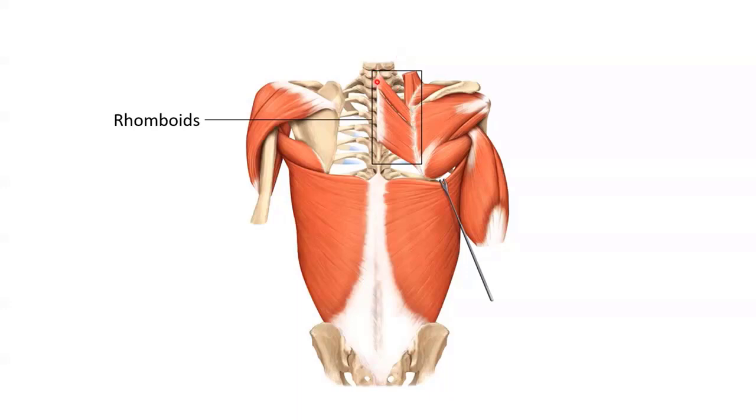Now, these muscles originate from the spinous processes of the last cervical and the first 5 thoracic vertebrae, and they insert onto the vertebral or the medial border of the scapula. So when these muscles contract, they bring this part of the scapula closer to the vertebral column in that movement that we call retraction.